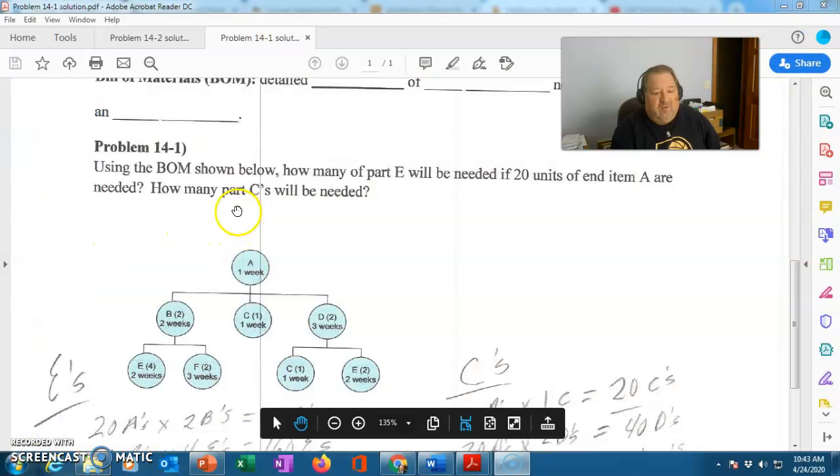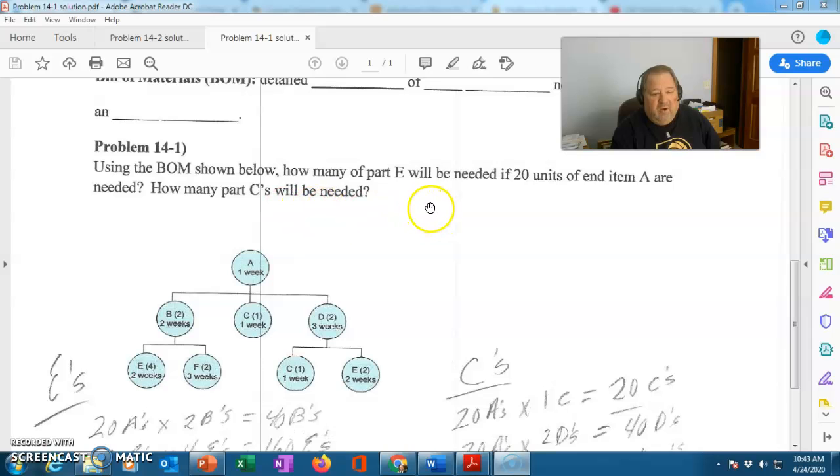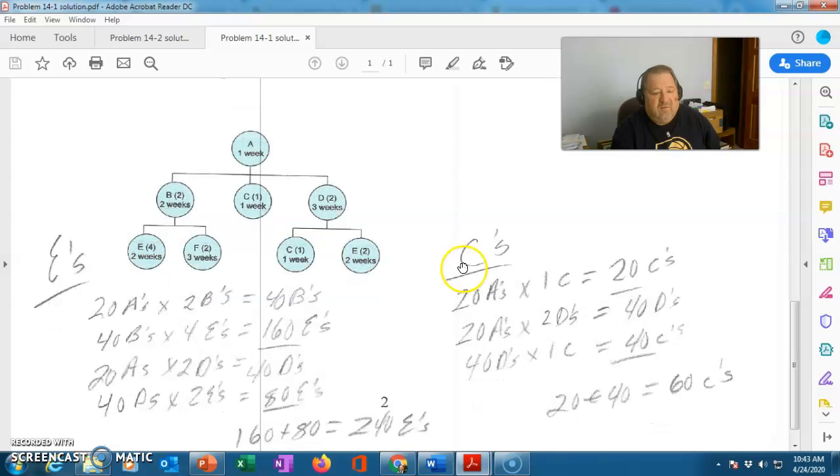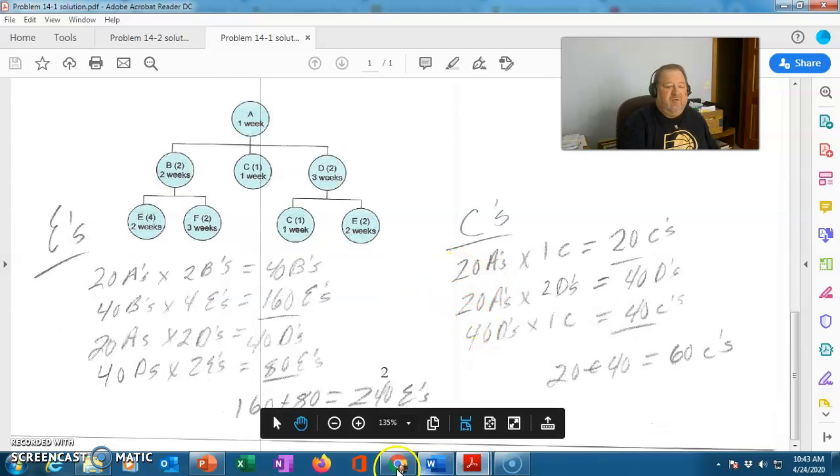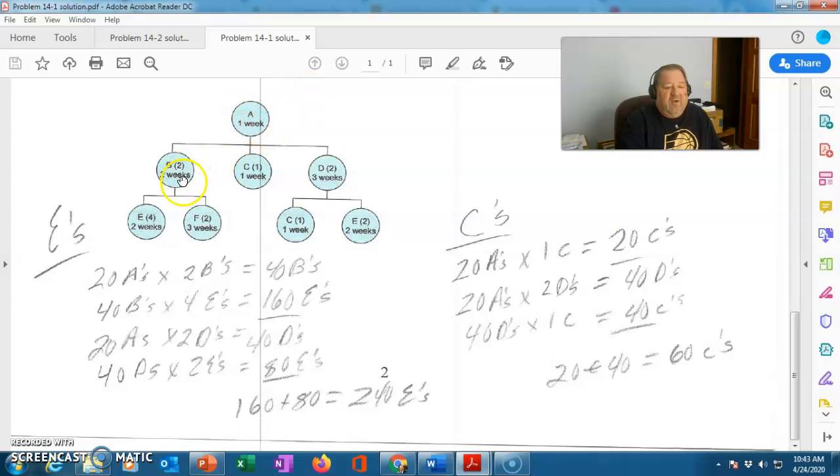So we were to use the BOM shown below and determine how many of Part E will be needed if 20 units of item A are produced, and how many Part C's will be needed. So let's start on the E's first. The problem told us that we're going to make 20 A's, and in 20 A's there are 2 B's each, so that means we need 40 B's, and the B's need 4 E's.